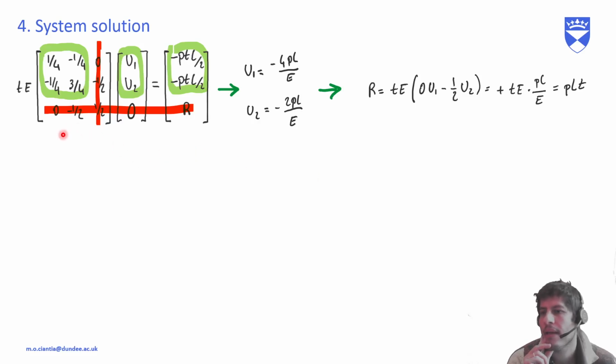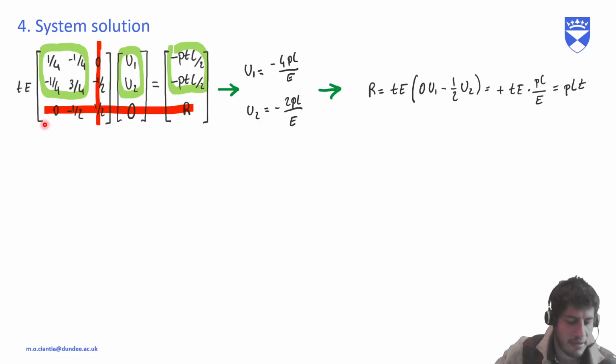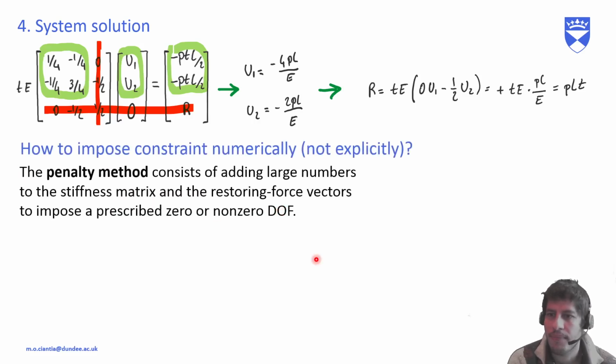Now, it is possible to code such an approach also in MATLAB and finite element programs. The thing is that it's longer, more complicated, and perhaps less efficient. In particular, if you have many constraints and they're not well ordered, etc. So one very common approach to impose boundary conditions is what is called the penalty method.